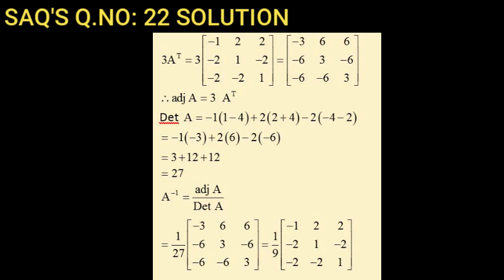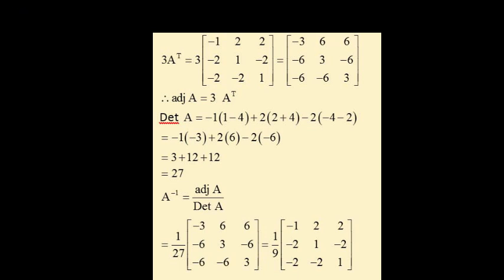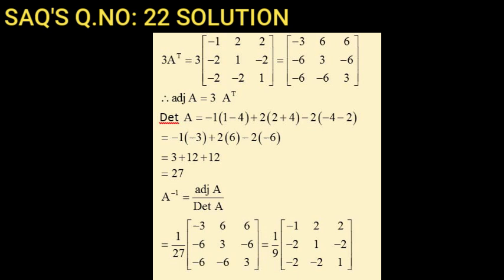Here 3 is a scalar, therefore multiply matrix A transpose, each element, with 3. That is equal to [-3, 6, 6] as the first row, and the second row is [-6, 3, -6], the third row is [-6, -6, 3]. Okay. Here adjoint A is equal to 3 into A transpose. Therefore the first one is proved.